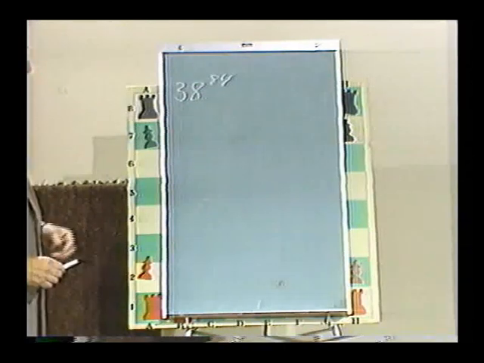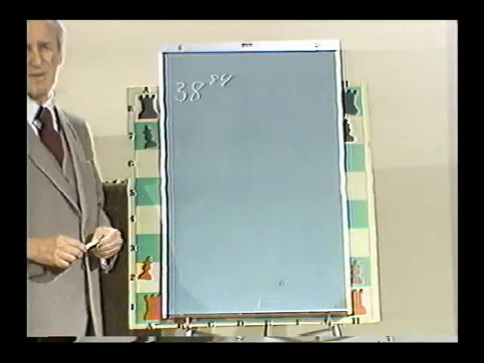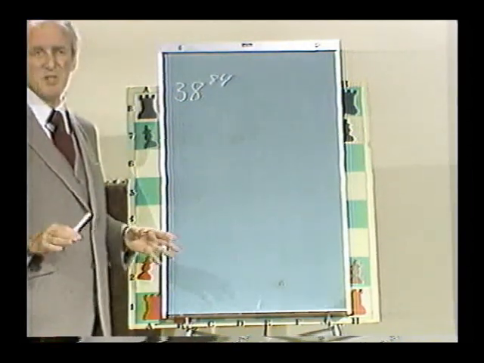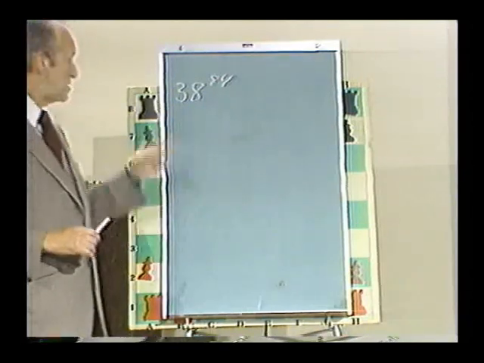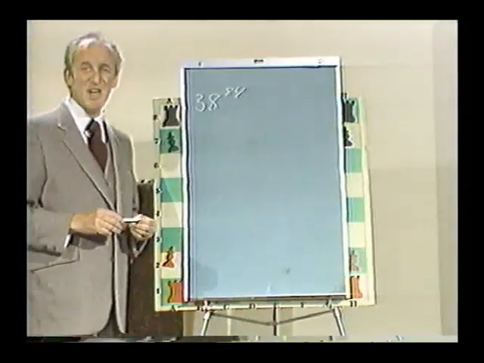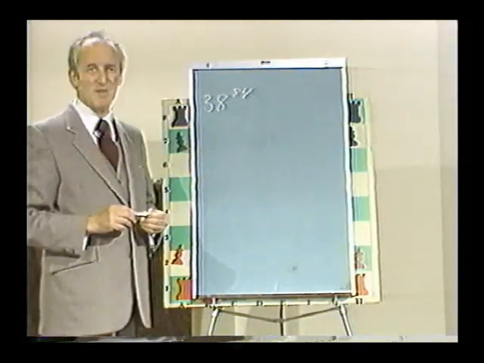It's astronomical. That's 38 with 84 zeros following it. That's the number of variations possible at any chess position in the mid-game. This has been calculated, by the way, by the chess computer champion of the world, known as Belle, put out by Bell Laboratories.